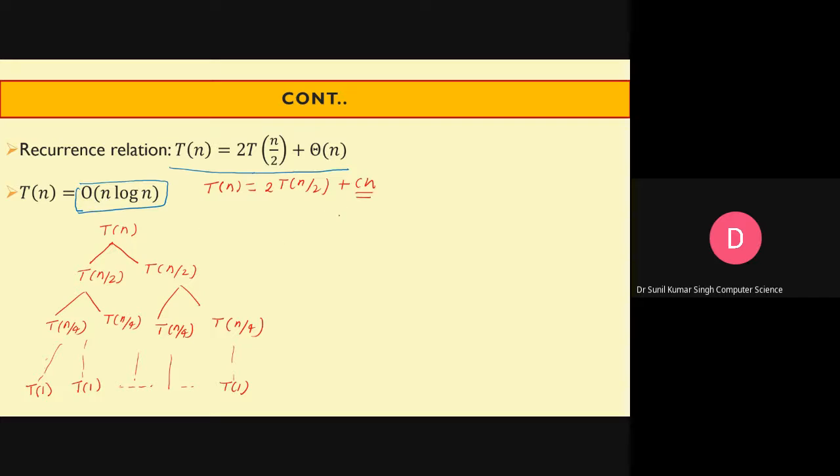Otherwise you can express it this way also: Cn, then C n/2, then C n/2 squared, or n/4, and so on.